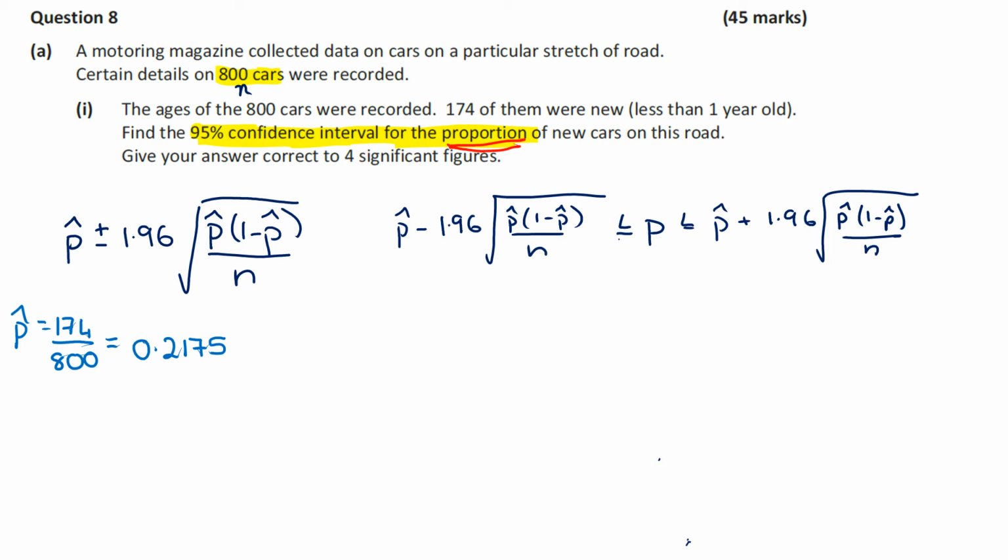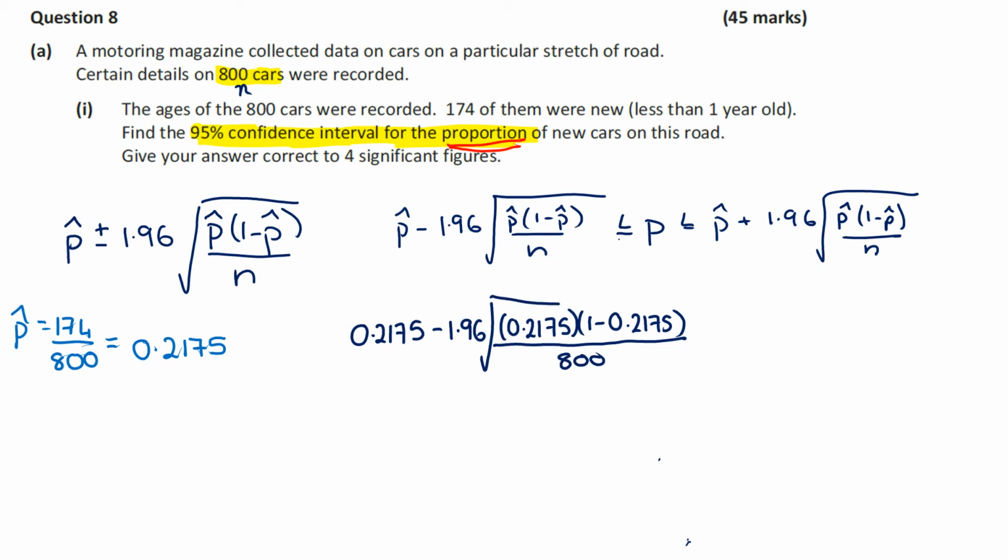So I go to my formula, so I get 0.2175 minus 1.96 square root of 0.2175 times 1 minus 0.2175 all over n, which is 800. So that gives us one side.